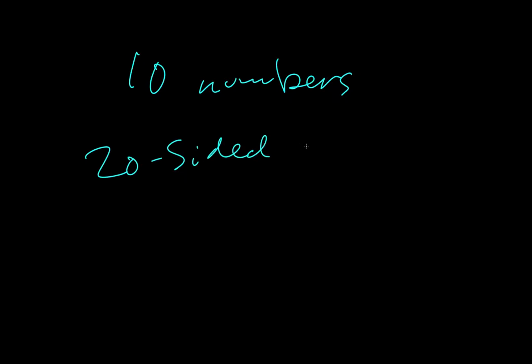This one says Rebbe chooses 10 numbers by rolling a 20-sided die until 10 distinct numbers are rolled.